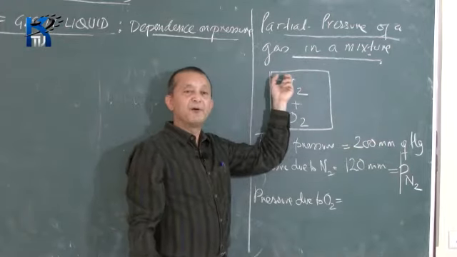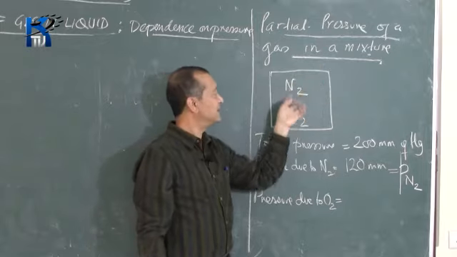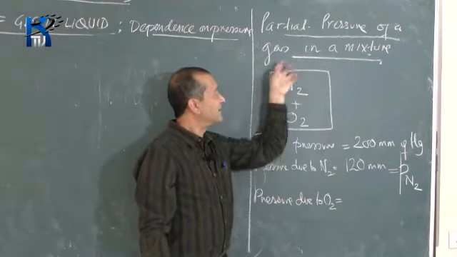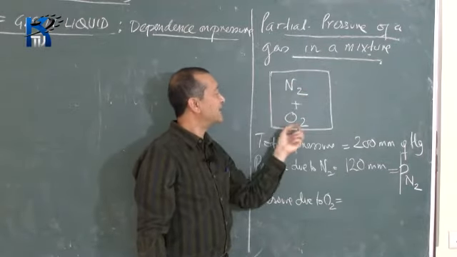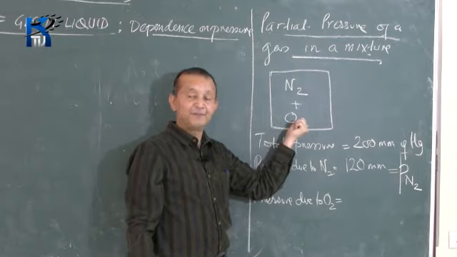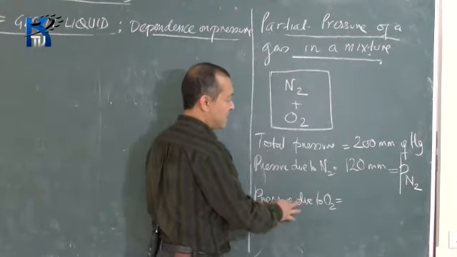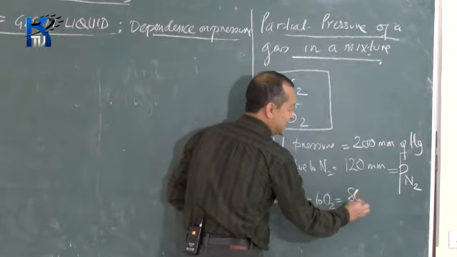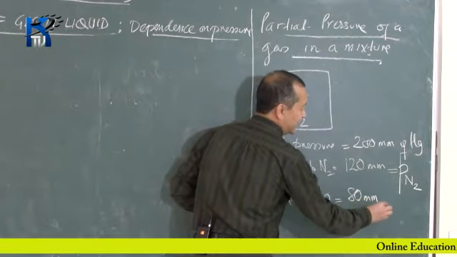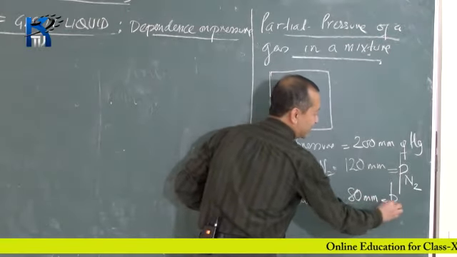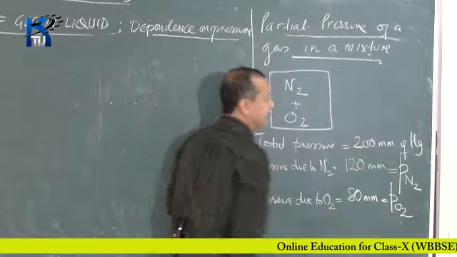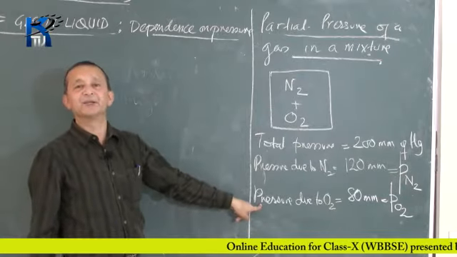If you remove nitrogen from the mixture, then the total pressure will be exerted only by oxygen because nitrogen is absent. Supposing the pressure due to oxygen is 80 millimeter of mercury. Now this 80 millimeter of mercury will be known as the partial pressure of oxygen in the mixture.